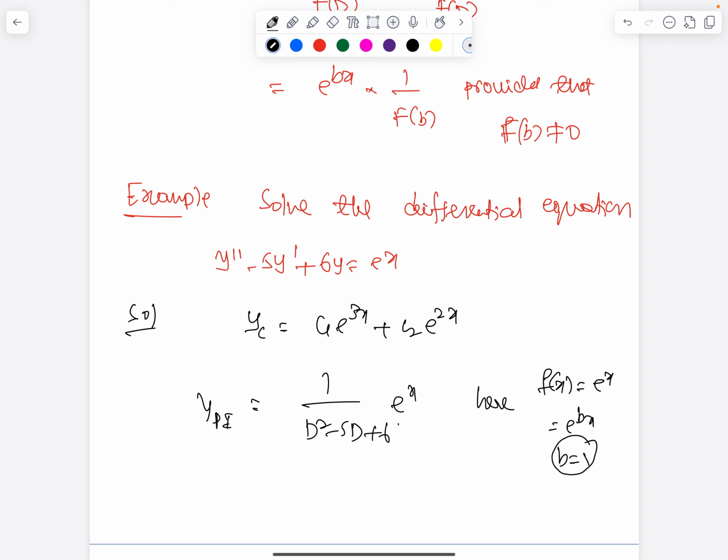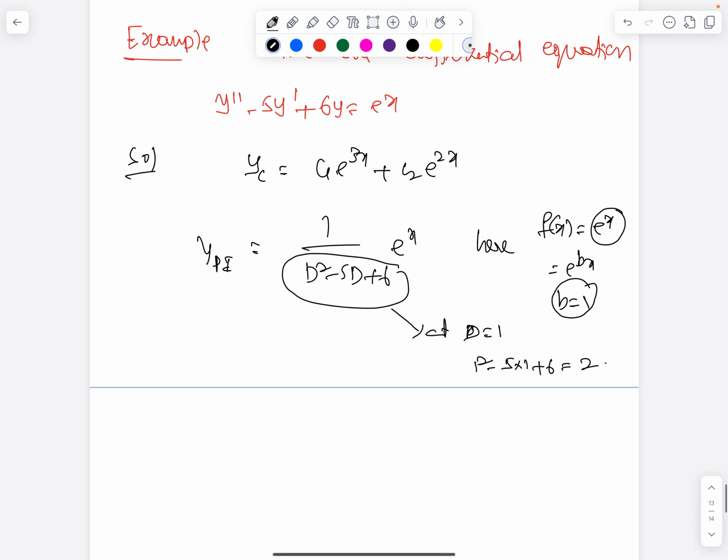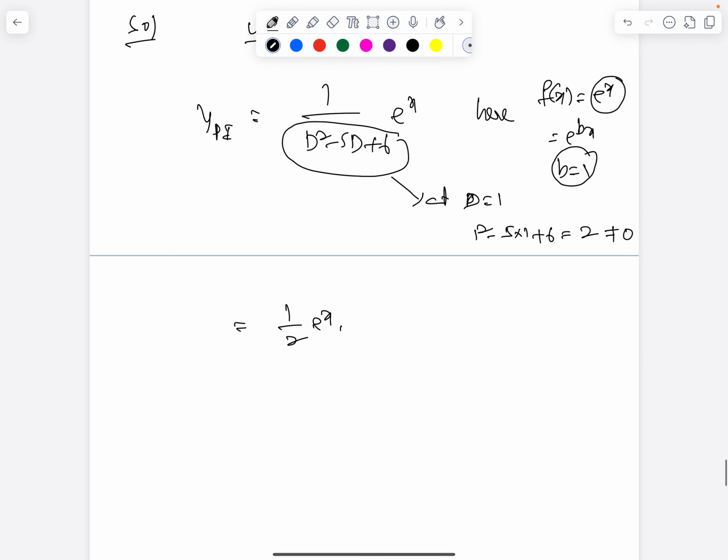Therefore, I am just calculating what this value is at D is equal to 1. The x coefficient is 1 in the non-homogeneous term. So when D is 1, it is 1 minus 5 plus 6, which is 2, non-zero. Therefore this is 1 by 2 of e power x. This is the y p i.